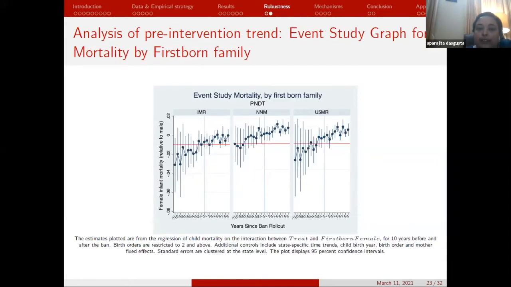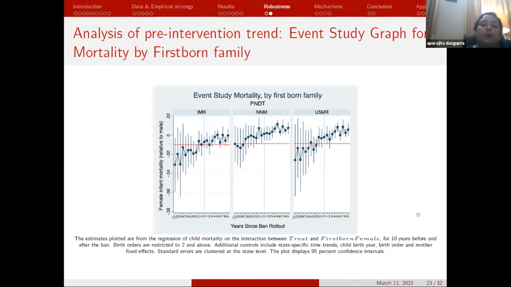Similarly, for the second hypothesis, which is the interaction between the treat and firstborn family, again, if you look at the period for IMR, neonatal and under 5 mortality, this seems to be pretty much not different from zero, and then seems to take off after the implementation, after the zero line.